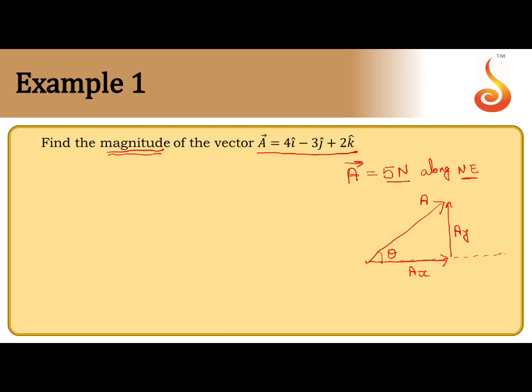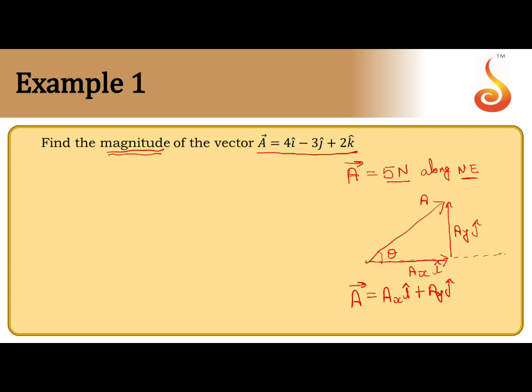In order to represent them as vectors, I call them AX into i cap, AY into j cap. I and J are unit vectors along the X and Y axis. Therefore, vector A can also be rewritten as AX into i cap plus AY into j cap.